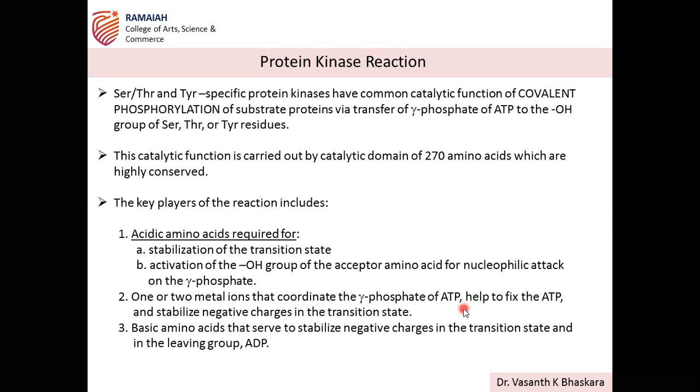So this ATP in its structure is getting stabilized in the smaller lobe of the protein kinase, and in that, these metal ions are responsible for stabilization, holding the ATP within the protein kinase. Okay, so this helps to fix the ATP and stabilize the negative charges in the transition state. So the negative charges in the transition state are stabilized.